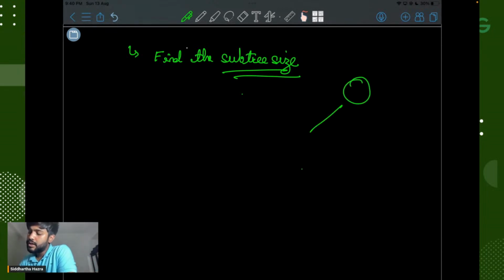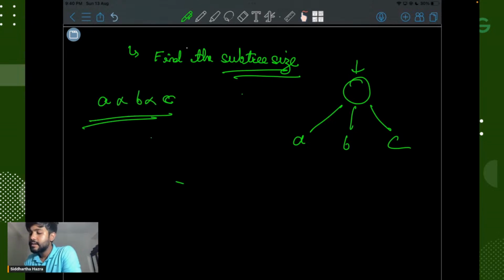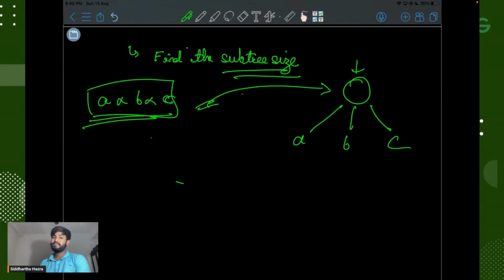Let's say this is the root node. This subtree size is A, this subtree size is B, this subtree size is C. So for this particular node, the value would be A multiplied by B multiplied by C. This would be the answer for this node.